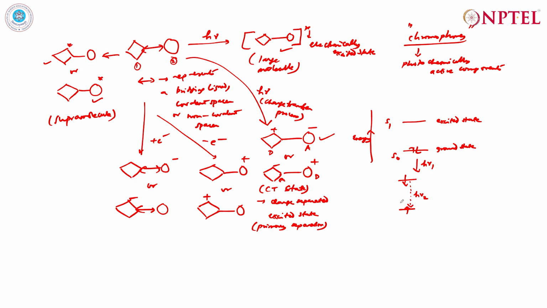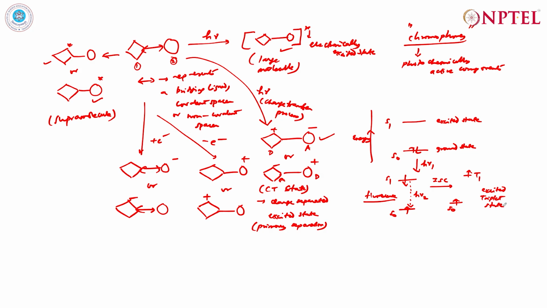So we refer to this process as fluorescence, which can take place. But then we can have the process of intersystem crossing, where we now go to the triplet state, and the triplet state is characterized by both the electrons being unpaired, and so this is the excited triplet state.